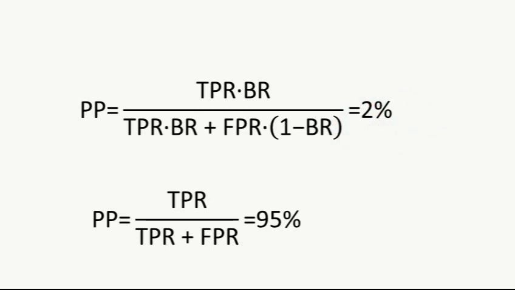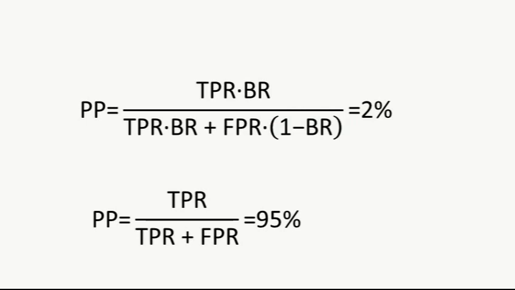So very low, and much, much lower than what you thought. What happened? It is that by disregarding the base rate, you were prior indifferent. You implicitly assumed BR equals 1/2. When you do that, you can see BR disappears from this formula.